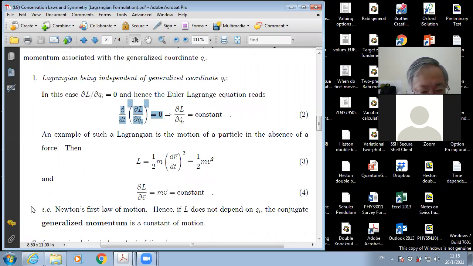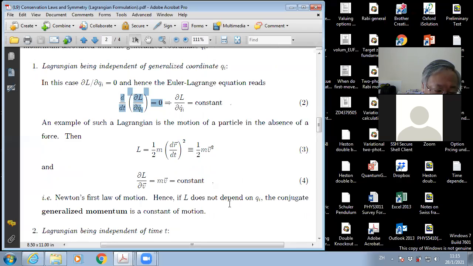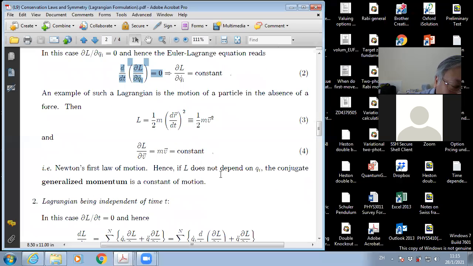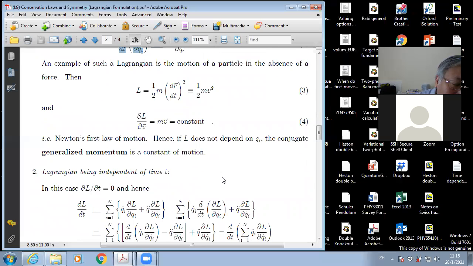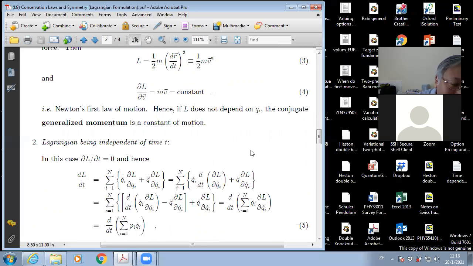We all know that for a free particle, the linear momentum is conserved, which is consistent with Newton's first law of motion. As a result, we can conclude that if L does not depend on qi, the conjugate generalized momentum is a constant of motion.